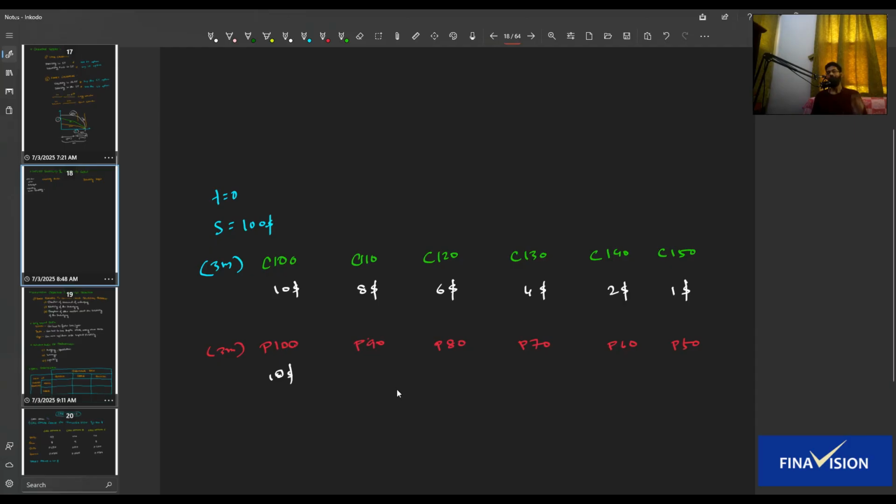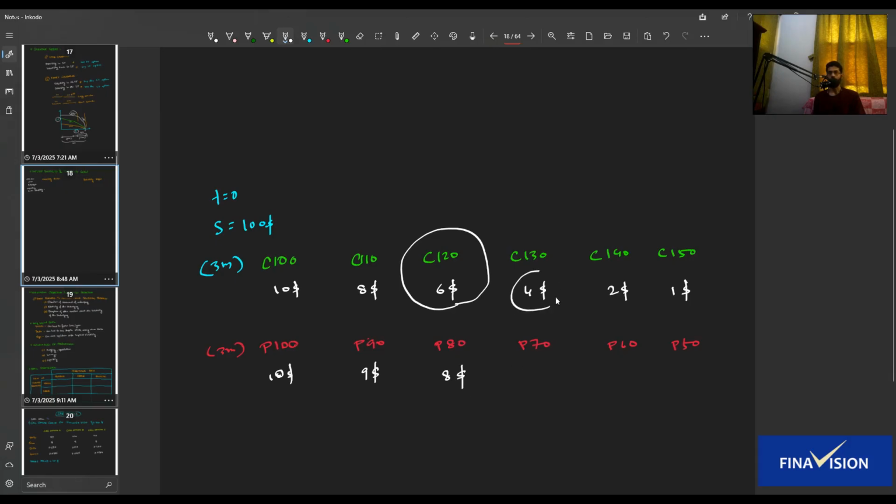But herein lies the observation that interests us, that often it so happens that the put premium is higher than the call premium for the same level of moneyness, specifically for the out of money options. So here the put premium, we may find it is not $8, it is more, it is $9. Same goes for the rest of the series. So the call 120 is $6. Here we may find that it is not $6, it is actually $8.